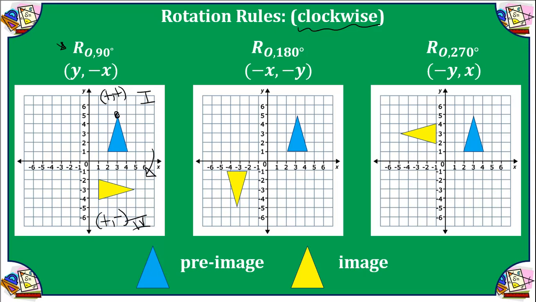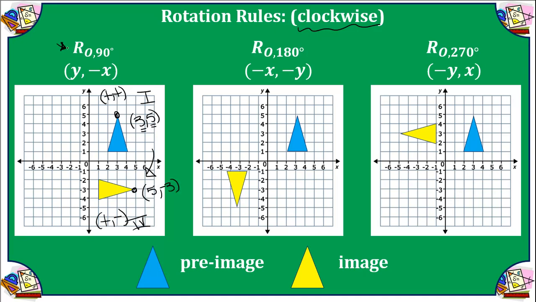So the clockwise rotation for 90 is the same rule as counterclockwise for 270. So here we have 3, 5, and then we're going to change the x value to its opposite. The y value is going to change, and then they're going to switch places. So we have 5, -3.